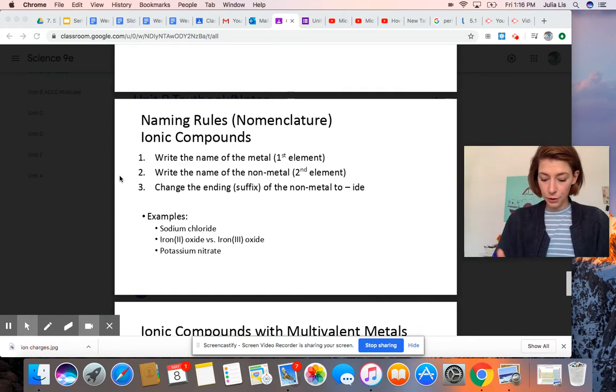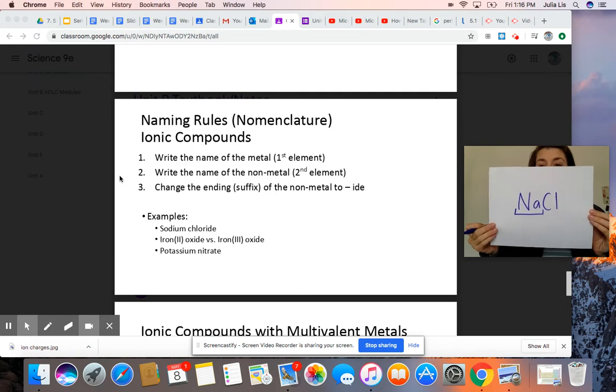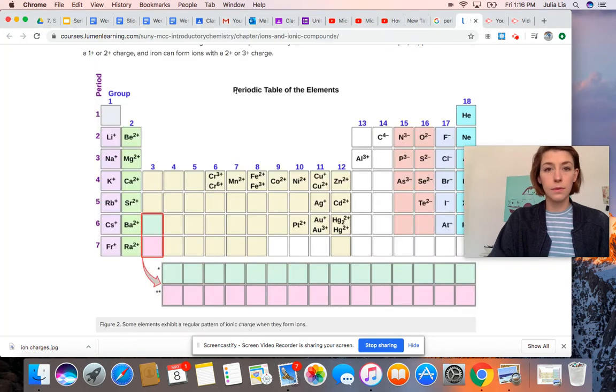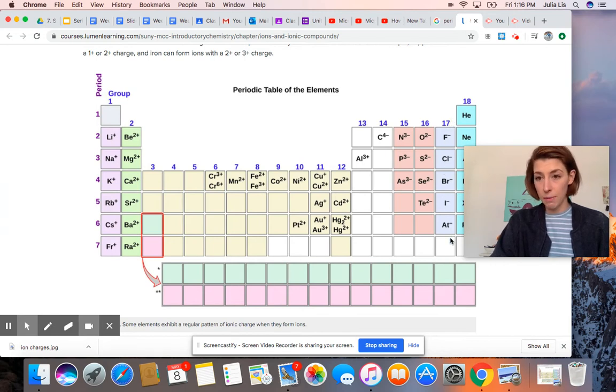Okay? The first element, you need to identify it as a metal. And it is, if we look at our periodic table. Sodium, right here, it's in group number 1, period number 3. It is a metal. Chlorine, over here in the halogens, it's in group or family number 17. It is a nonmetal. So we can go about this naming system.